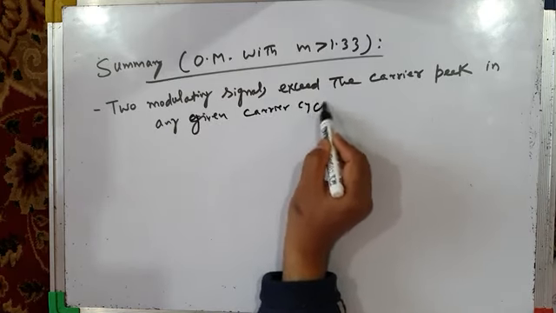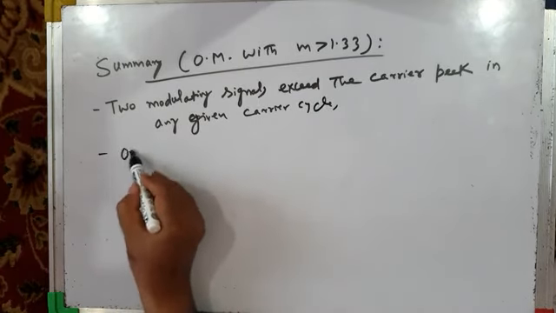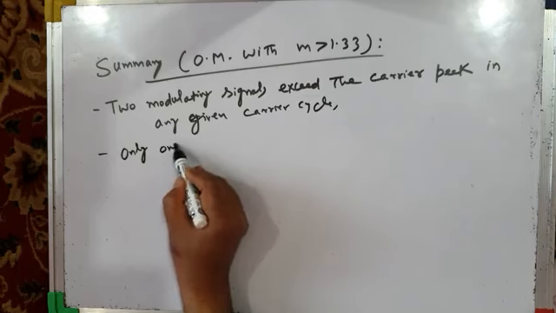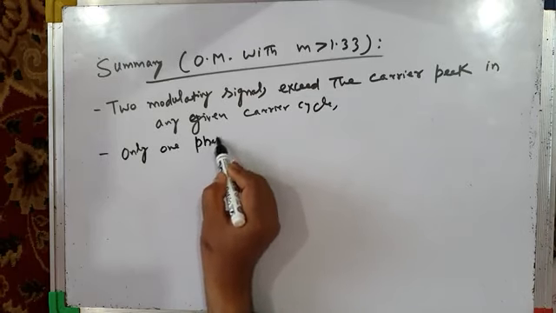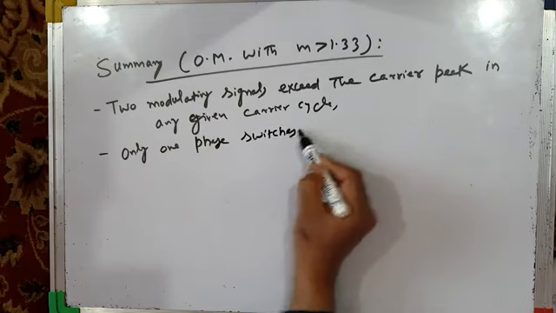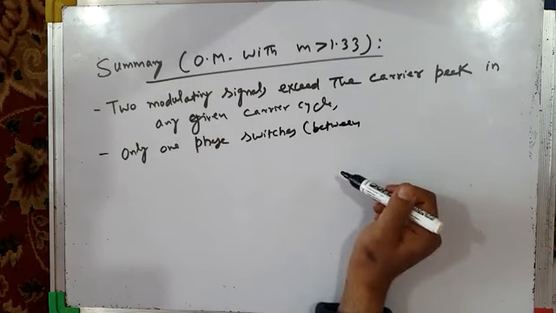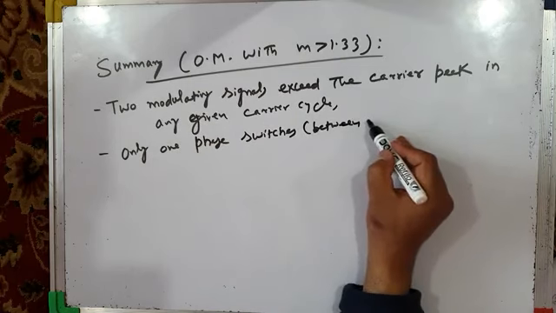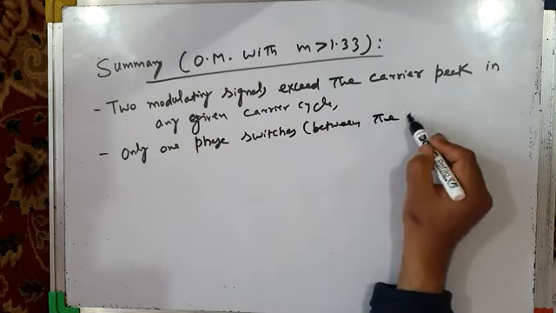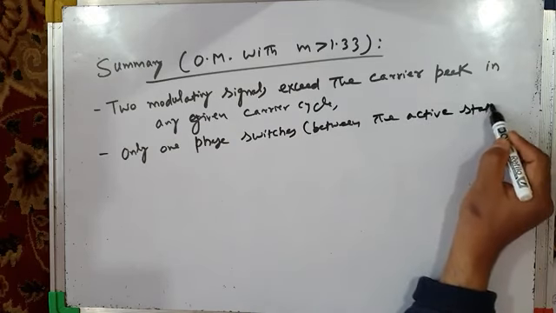Okay, this is first observation. Second observation is that only one phase switches. That means two phases have pulse dropping and only one phase switches between the active states. No null vector is applied. Only active vectors or active states are applied.